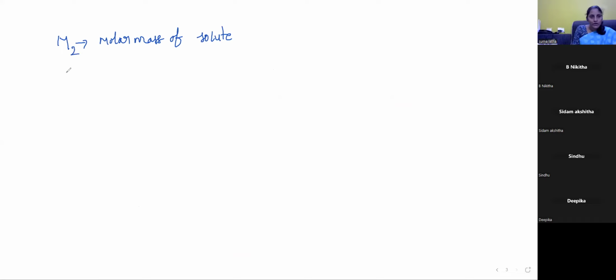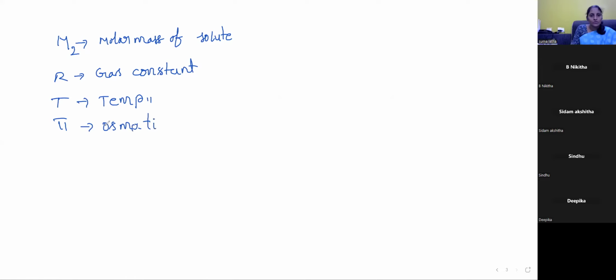And next one, R is what? Gas constant. T is the given temperature. Pi is what? Osmotic pressure. Clear, all of you?